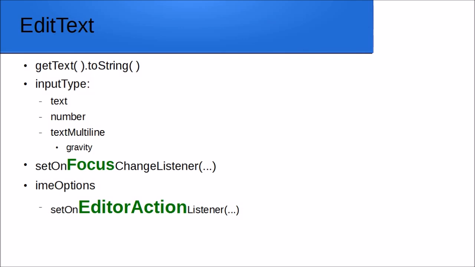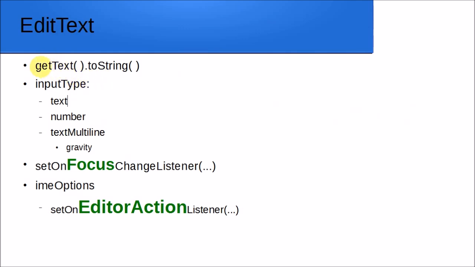Then I'll talk about the edit text. This is the text box. It lets you choose from a number of different keyboards, so you can have a keyboard for entering text or a keyboard for entering numbers. And there are ways of handling events on the edit text.